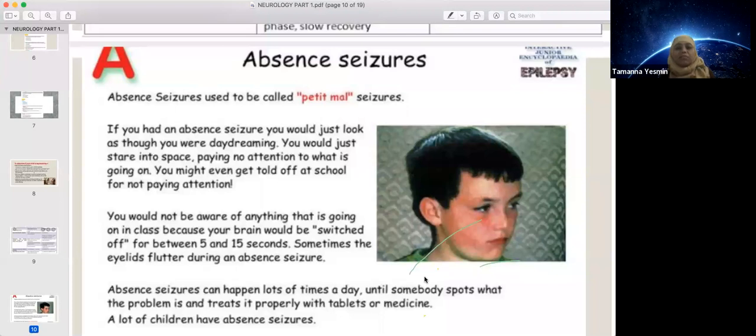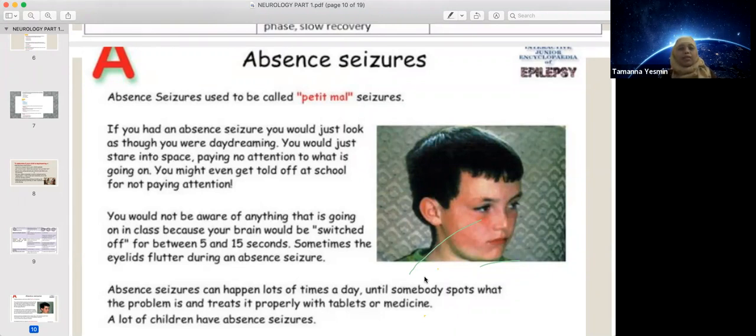That's why any child with seizure is in danger if you lock the door, or if they go swimming, cycling or driving, because anytime they can have a seizure. So usually we do not allow children to swim alone, and we do not allow them to stay alone in a room with the door closed.